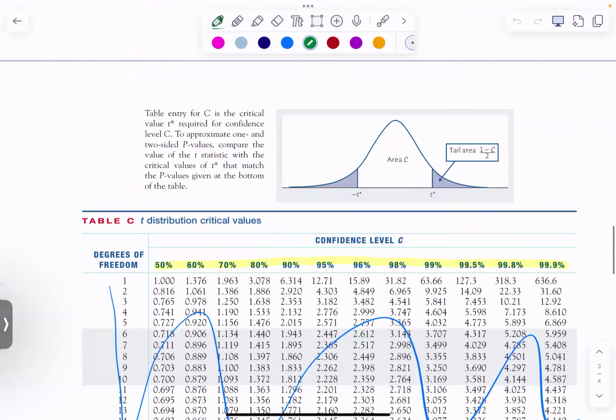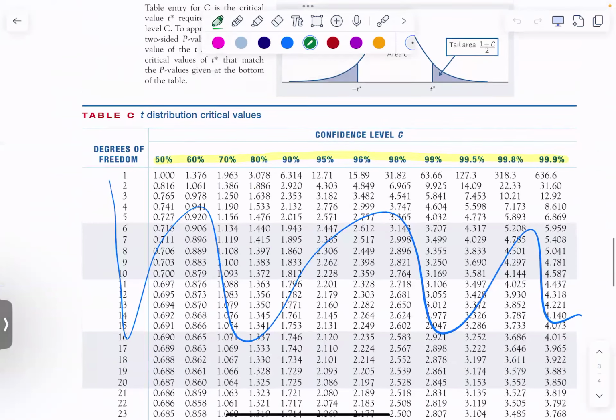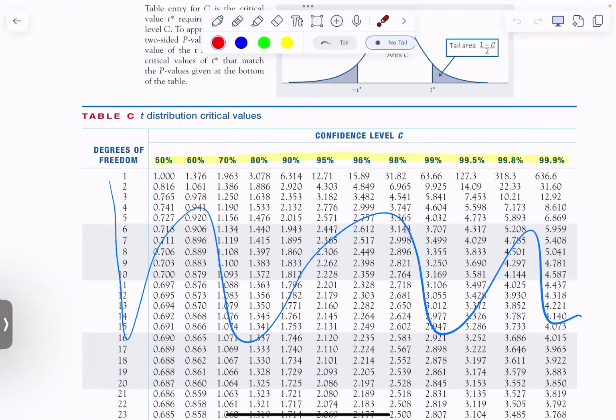I think that's the easiest way to do it. Now you can use the z table. What would you need to do to use the z table? You would need to force 90% area in the middle, leaving you 10% split evenly amongst the tails. And then you need to find the z that has an area to the left of 0.05 or the closest thing.